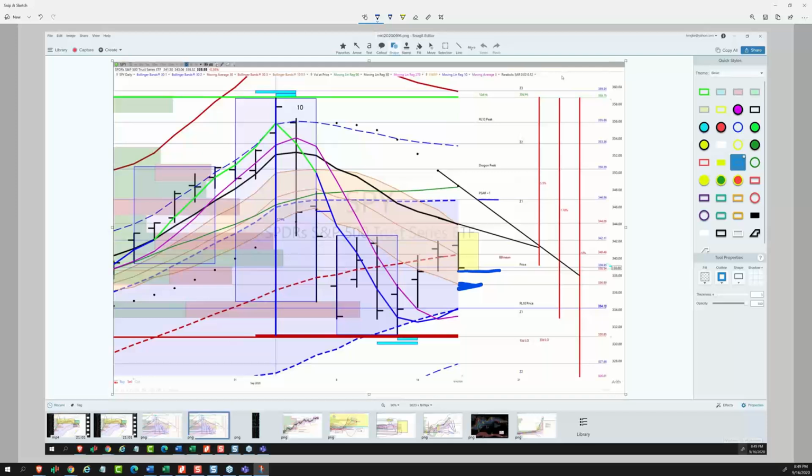We have the Z minus 1, the boundary of the river, and we have the true price, the RL10, which you can see is now co-located. So this is a really strong support at 334.2.